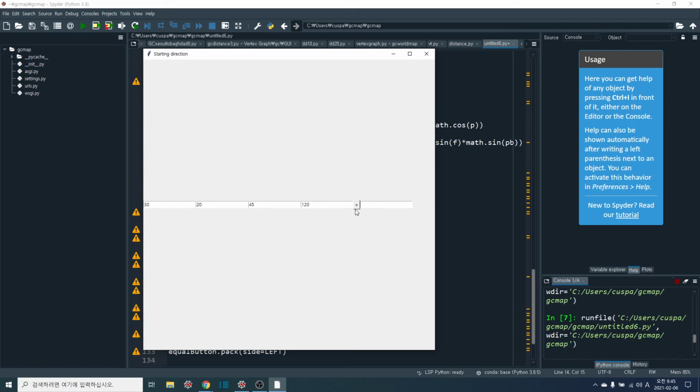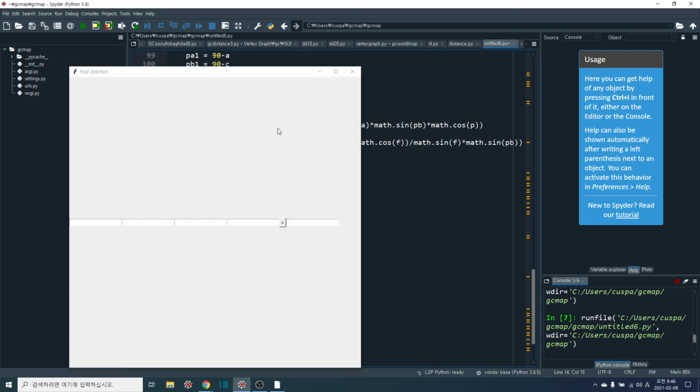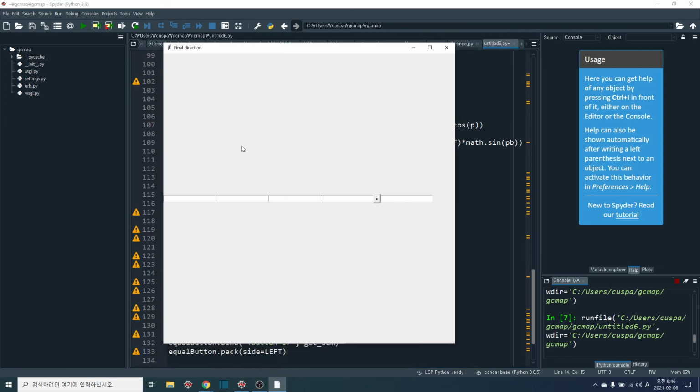We can get the starting direction, 58 degrees. That means when we start, we can sail northwest at 58.56 degrees. And this is the final direction.